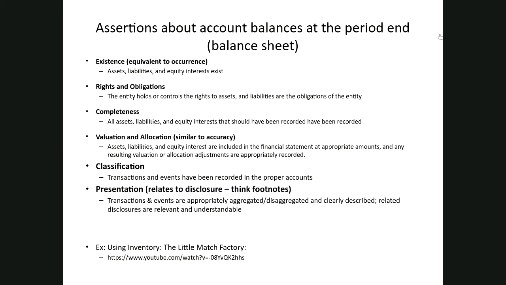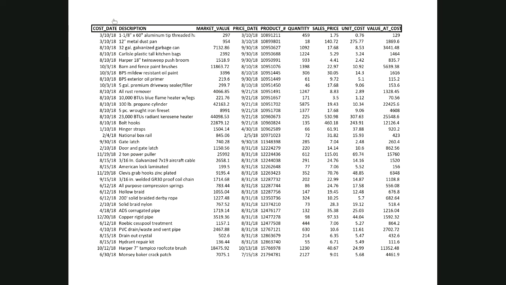To help us talk about these, I'm going to pull up an example inventory listing. This is from the same company that your Tableau data is coming from. It has the date the inventory was purchased, the description of the inventory, its fair market value, the product number, number of items, sales price, unit cost.